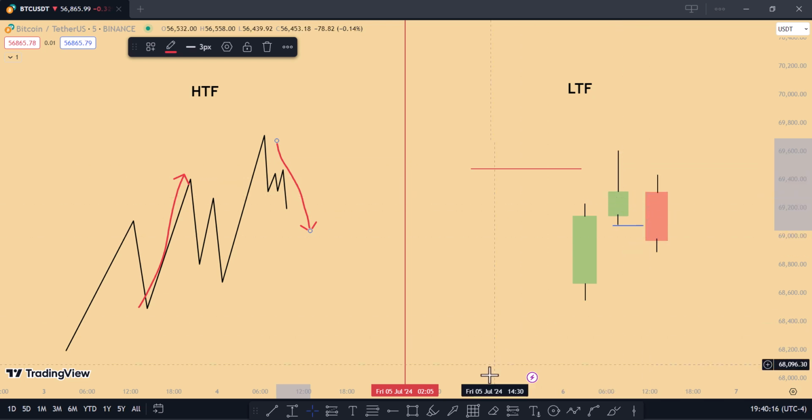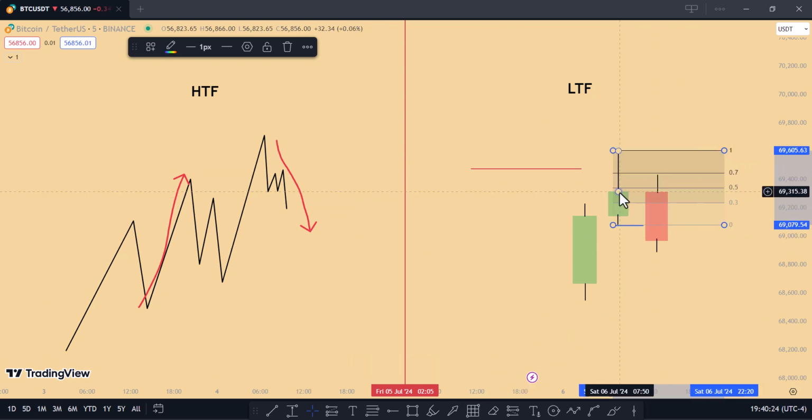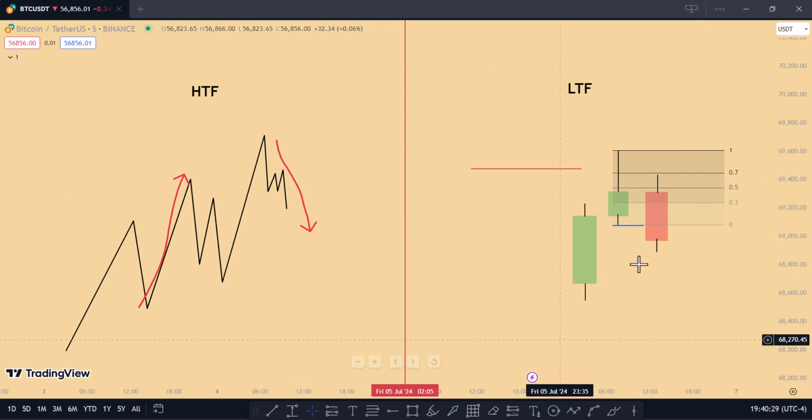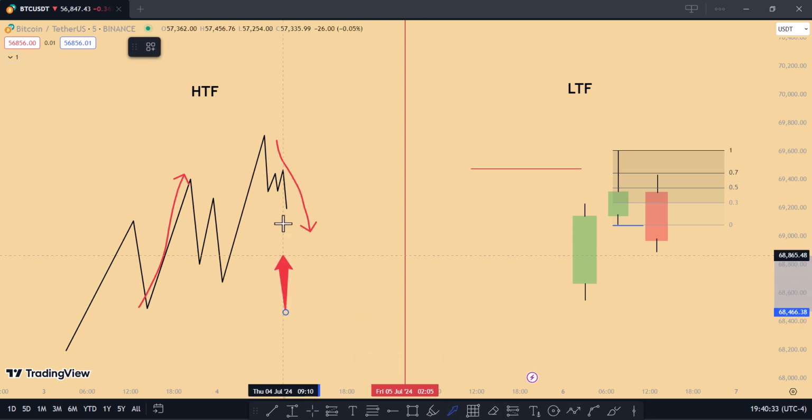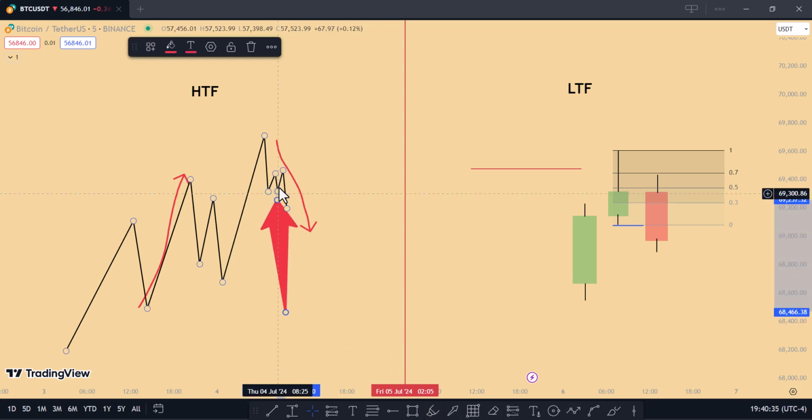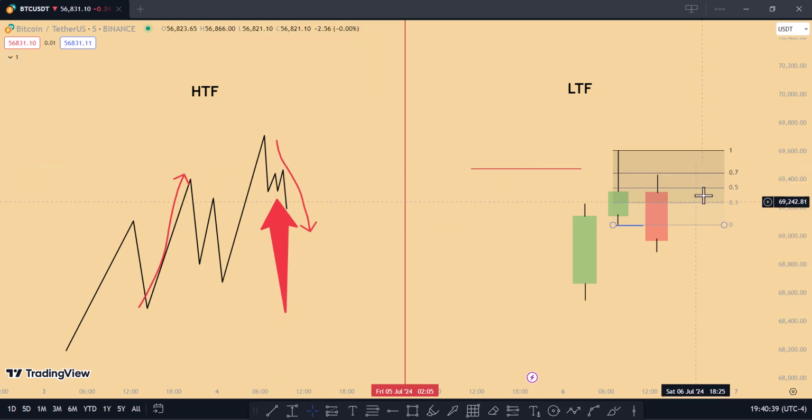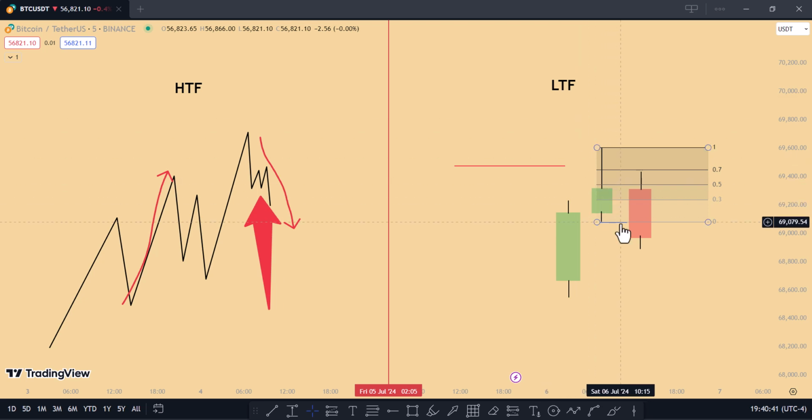Close back inside the range. And we want to see price coming back into the range and then take our entry. So on the pullback, let's say this pattern happened here. As you can see, this high swept this high right here, and we are trading lower. So we know that we are trading lower only for a pullback.